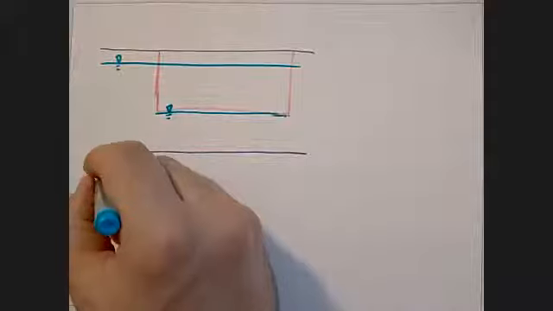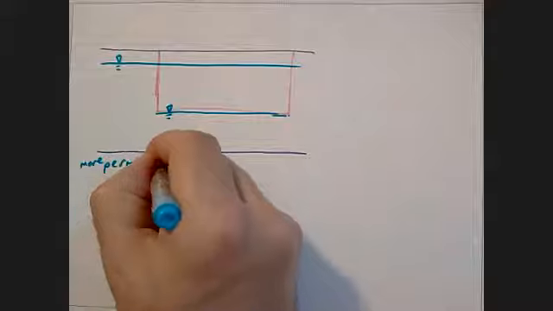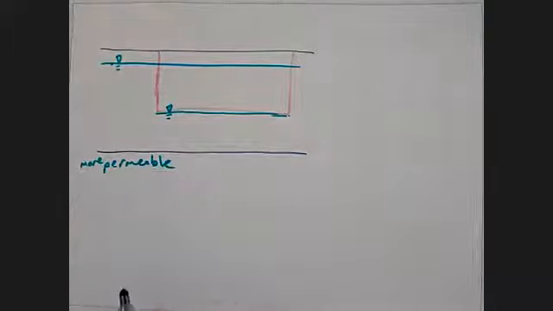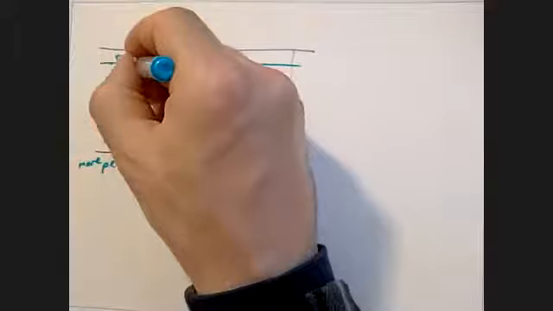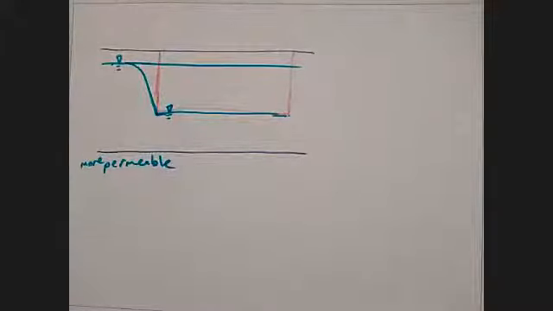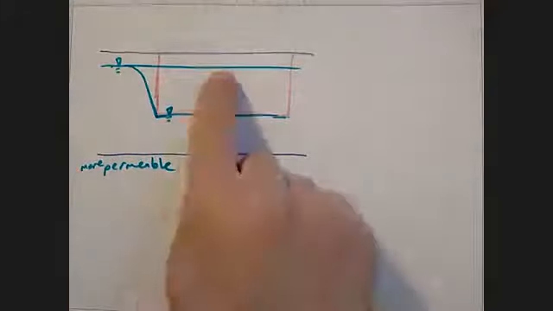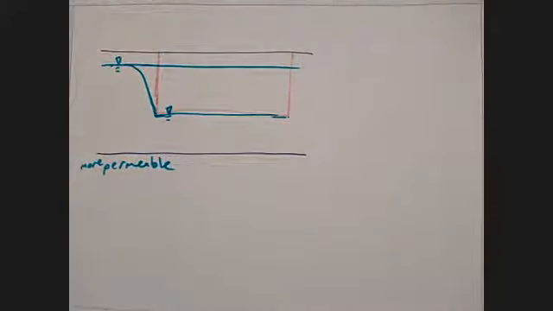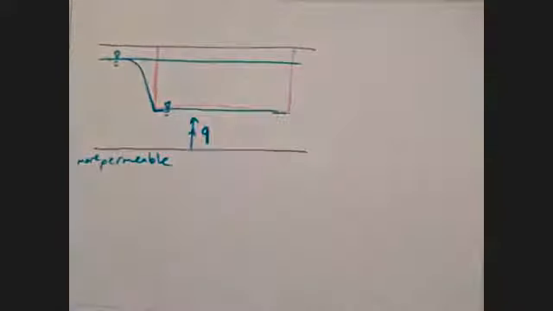But let's say this is more permeable. This more permeable layer still has this much pressure in it. So let's say your water table is like this here now. But for the more permeable layer below, it still has this much head. So here as well, you will end up with flow upwards.